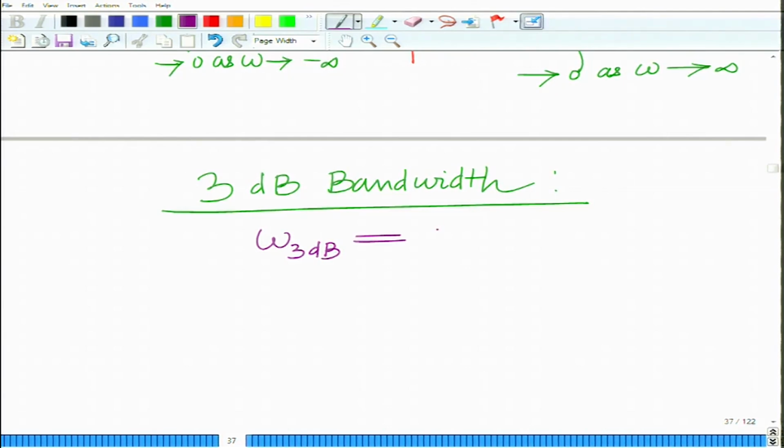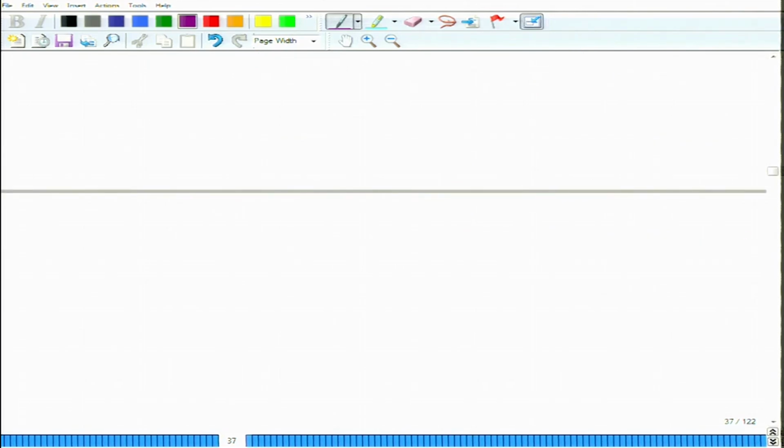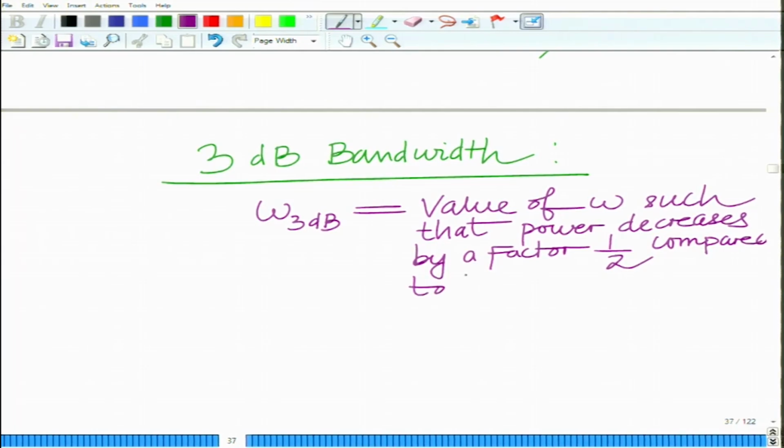The technical definition of this is the value of omega such that the power of the filter decreases by a factor of half when compared to the peak. This implies the amplitude decreases by a factor of 1 over root 2.